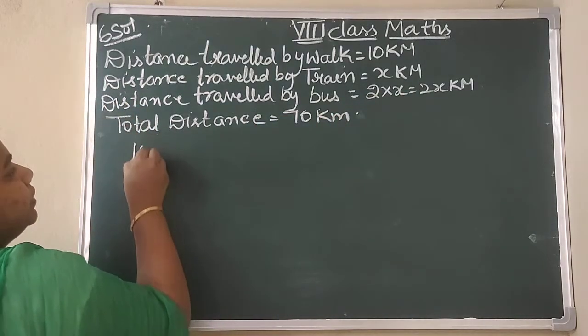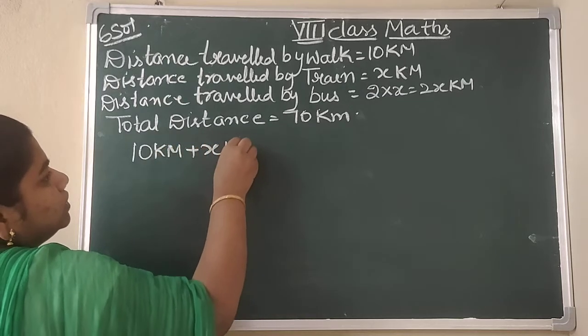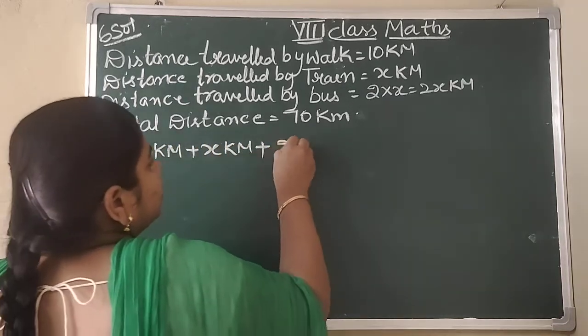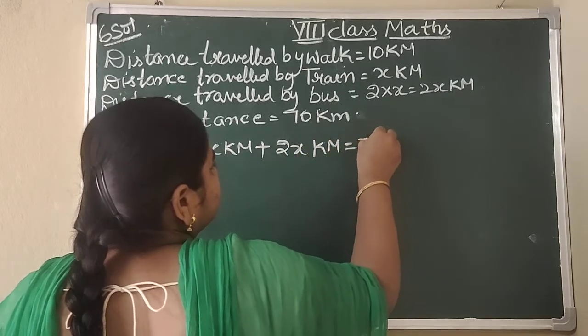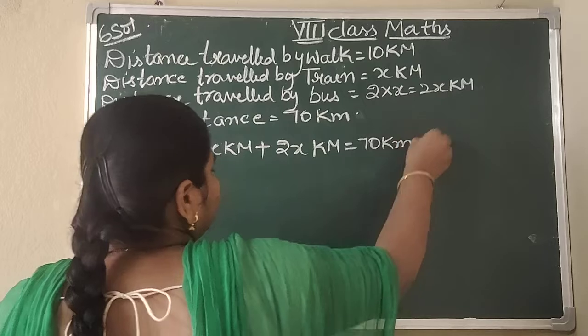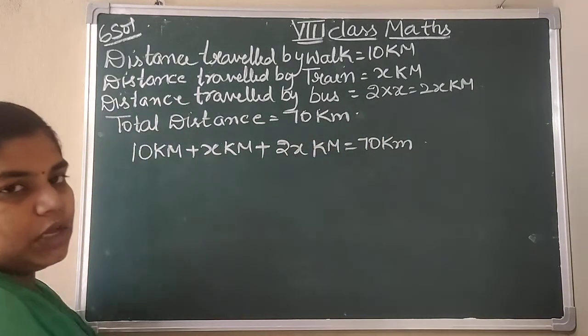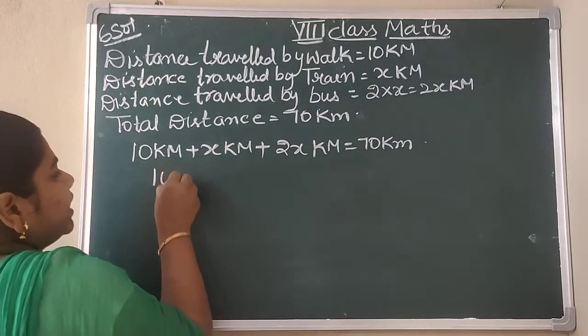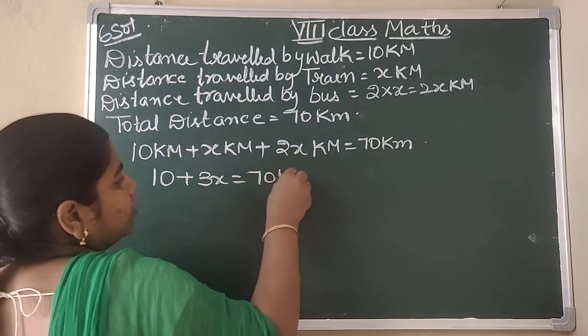So 10 kilometers plus x kilometers plus 2x kilometers equals 70 kilometers. So x plus 2x will be 3x. So 10 plus 3x is equal to 70 kilometers.